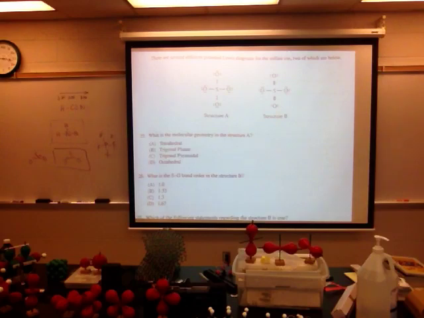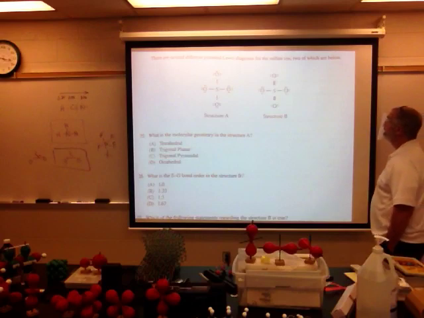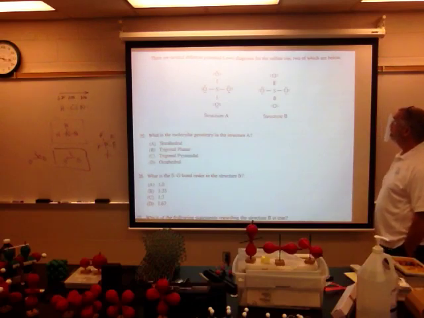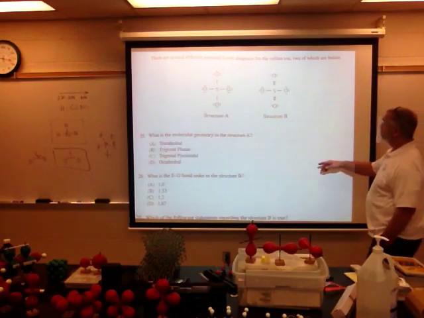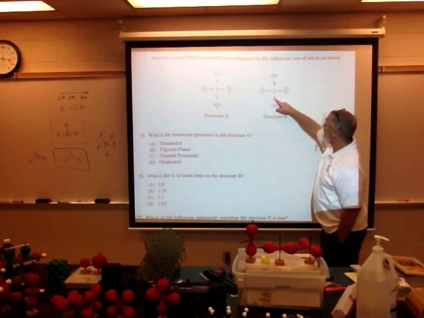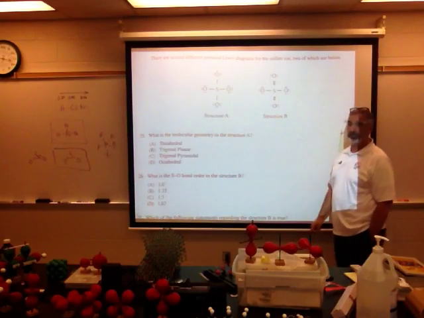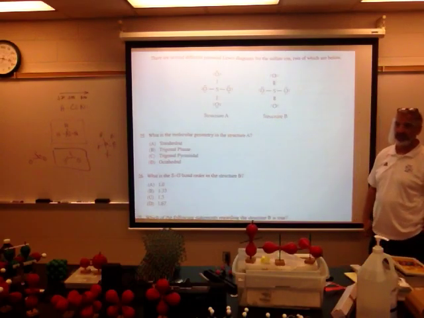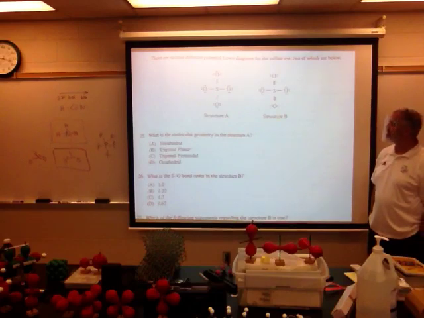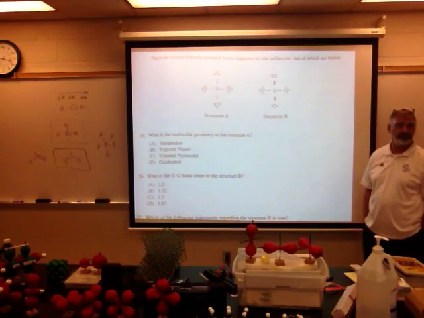Now, what's the SO bond order in structure B? How are we getting the bond order? What are we assuming? 6 bonds in 4 places, right?